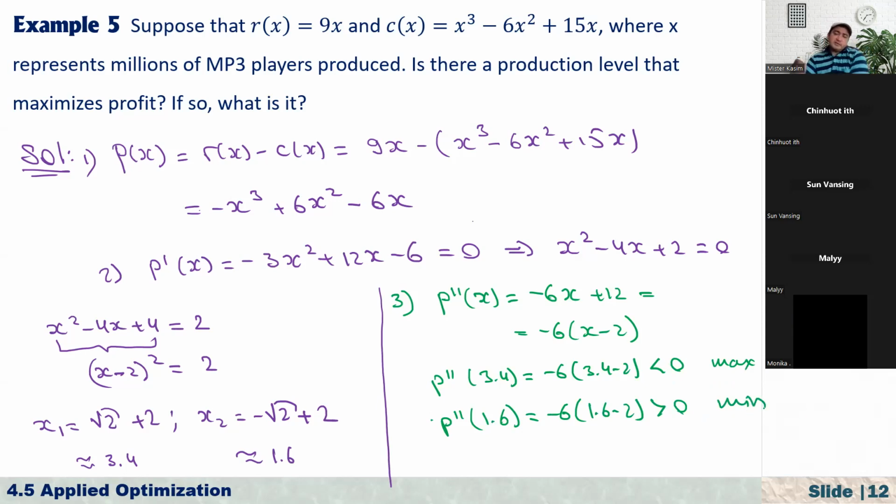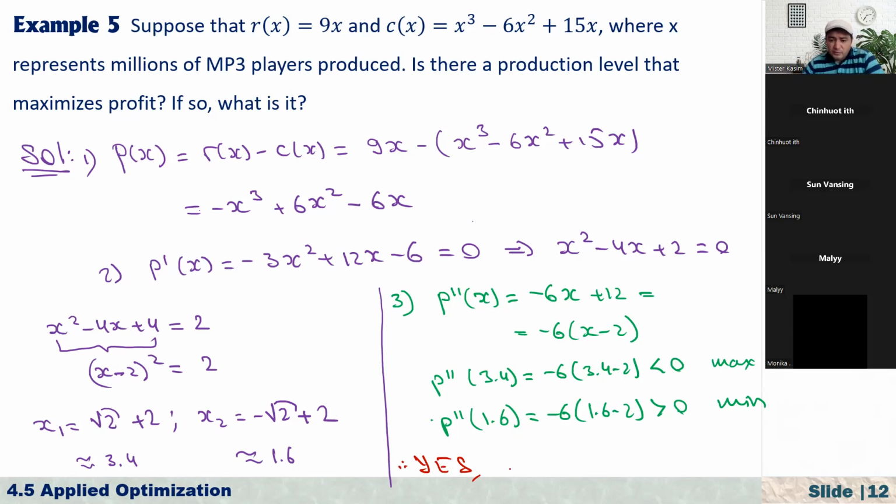So now the question is asking: is there a production level that maximizes profit? If so, what is it? Our answer would be yes. And producing, to be exact, since it's in millions, 2 plus square root of 2, that is equal to 3.414 million.